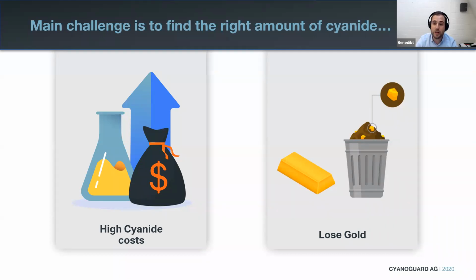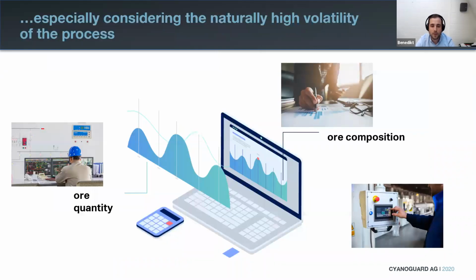On the other hand, if you use too little cyanide, then you lose gold to the tailings and you're not able to extract all the gold that you could technically extract. And finding the balance between too little and too much cyanide, having the right amount, is very difficult because it's a highly dynamic process in most gold leaching circuits. And this is what we try to highlight on the next slide, the high volatility, or the dynamics of the process.